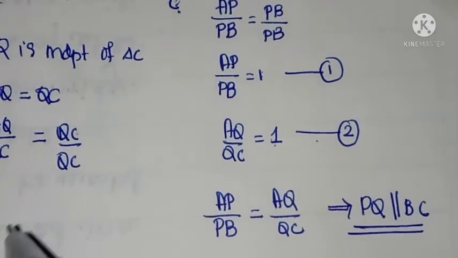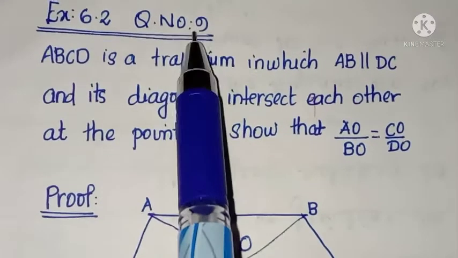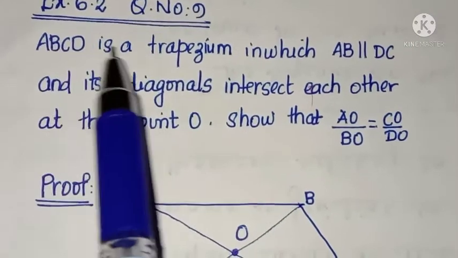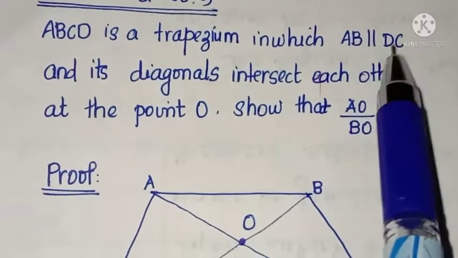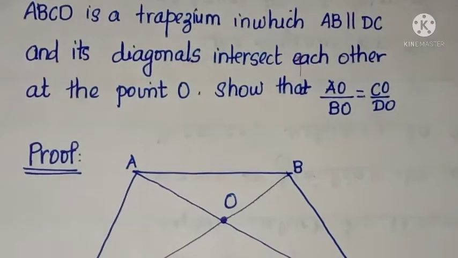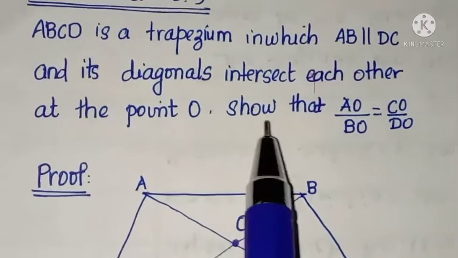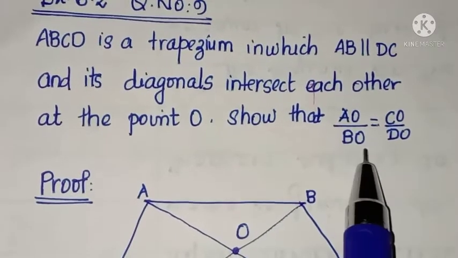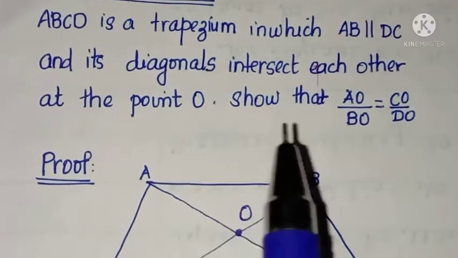Okay, students. Exercise 6.2, question number 9. ABCD is a trapezium in which AB is parallel to DC and its diagonals intersect each other at the point O. Show that AO by BO equal to CO by DO.